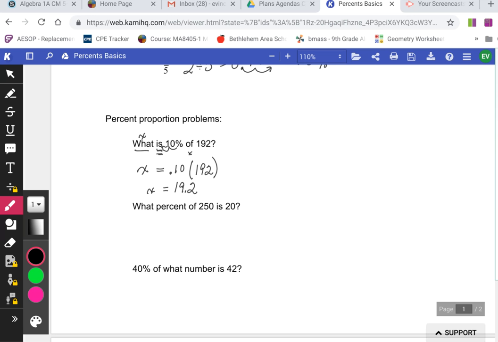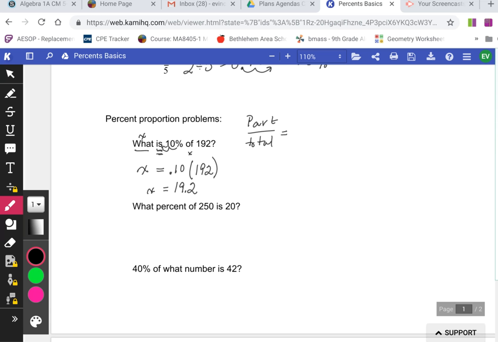We can get this same answer by setting up a percent proportion. The theory behind percent proportion is that we have a part to a total. In two cases, we have a percent written as a part to a total, and we have some other relationship that's part to total.